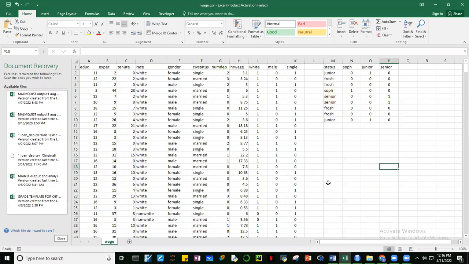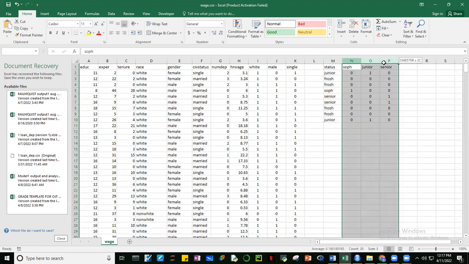Kapag Excel ang ginamit natin, guys, you will need to replace this by dummy variables. Okay, ito yun, white male single. Tapos kapag maraming levels, kunyari 4 yung levels, minus 1 natin yan, K minus 1 lagi, and then generate K minus 1 dummy variables.